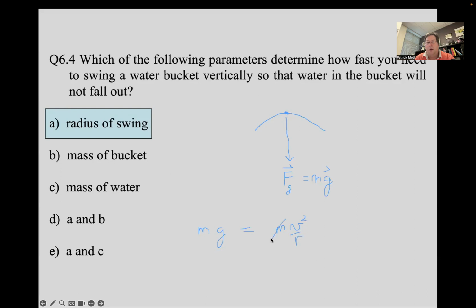And what you'll note is inertia on the right-hand side cancels out with a gravitational mass on the left-hand side. And we'll get a result that speed is the radius of the circular path the bucket is on times the acceleration due to gravity, square root. That's all it depends on, because inertial mass, as we've seen a few times now, cancels out with gravitational mass. All right, let's try another little calculation.